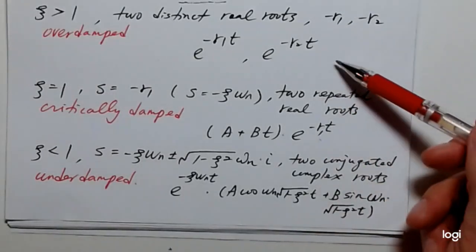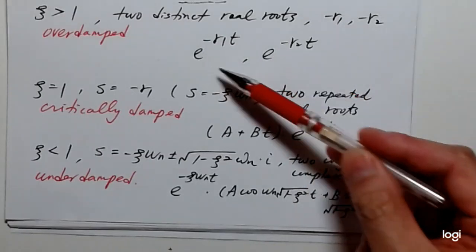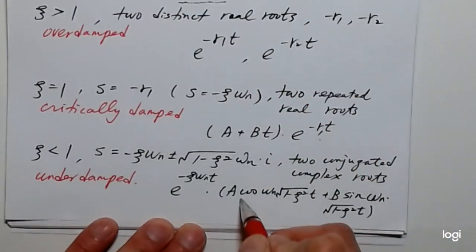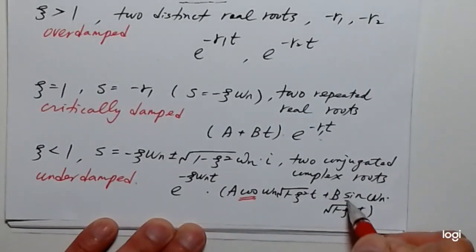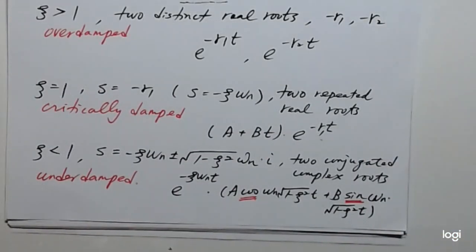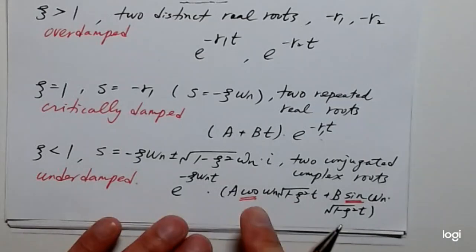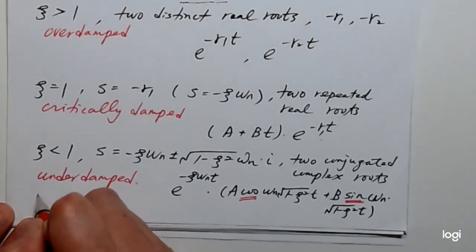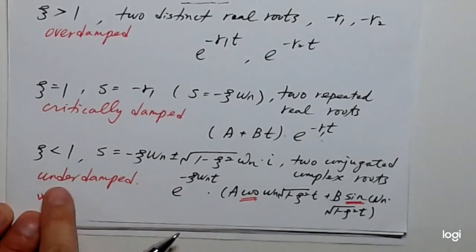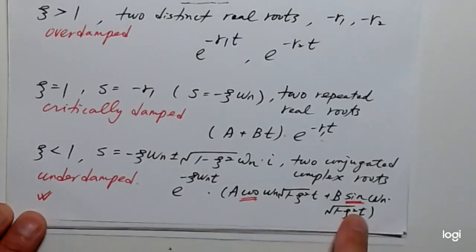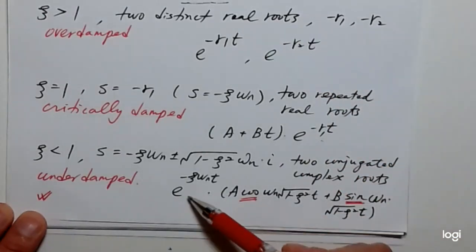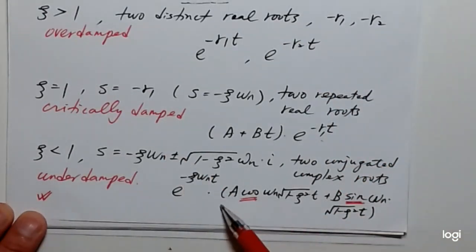If you look at these three equations, you can see only the sine and cosine terms will show the oscillations. In other words, only for the underdamped situation will you have oscillation.